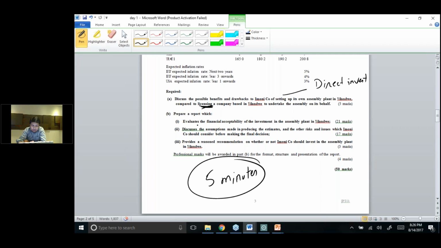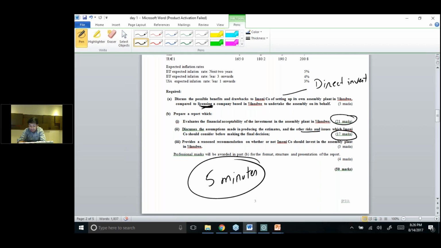Then prepare a report which evaluates the financial acceptability of the investment in the assembly plant in Yelendeep. 21 marks are for the calculation. Discuss the assumptions made in producing the estimates and the other risks and issues which a mining company should consider before making the final decision. 17 marks are allotted for the assumptions and the other risks and issues.